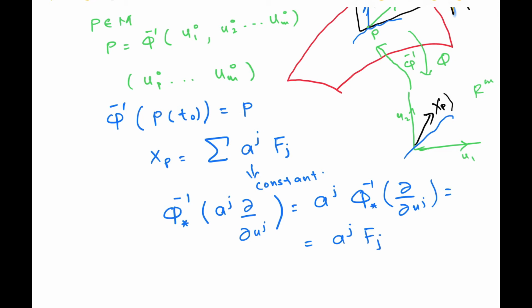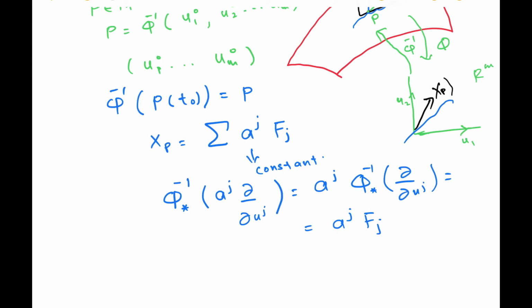So the push forward is there in the tangent space. Because it is a constant vector, I can write this X_p as a_j partial u_j, or also as partial u_j a_j.